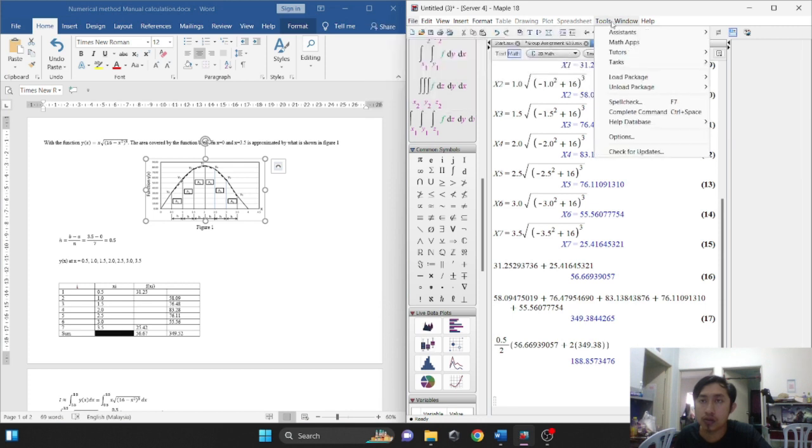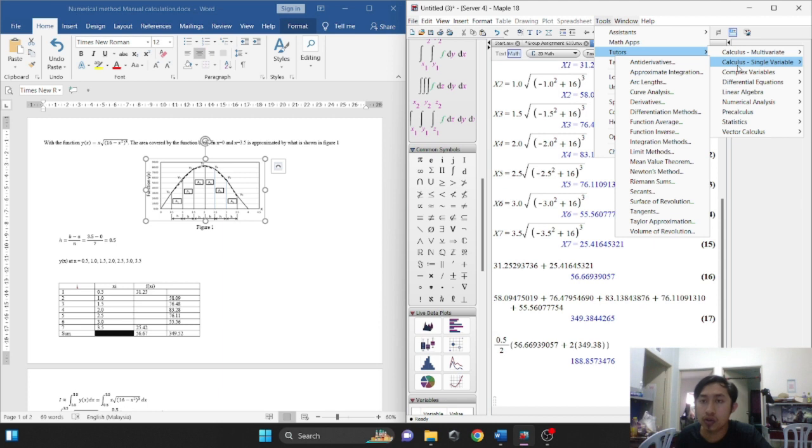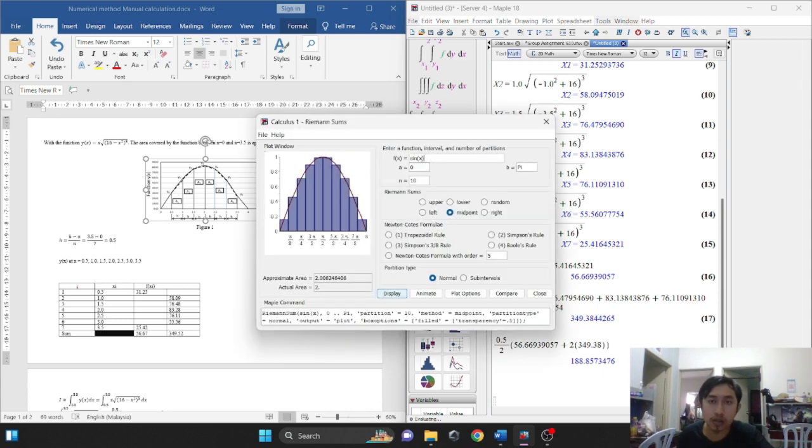So we go to tutor and find the element sum. Okay, so let's put the equation which is x square root bracket 16 minus x square bracket is cube.